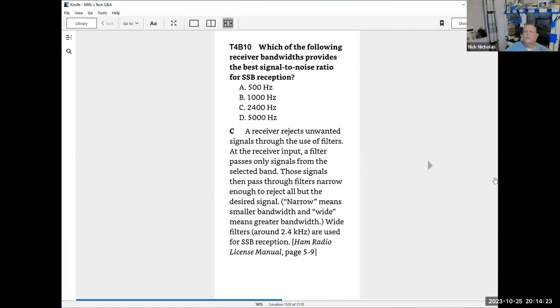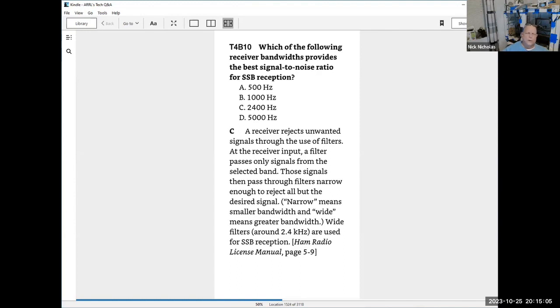Which of the following transceiver bandwidths provides the best signal to noise ratio for single sideband reception? What they're referring to is if we narrow the bandwidth that we're receiving, you know that a single sideband signal is roughly 3 kilohertz wide, which is 3,000 hertz. And if you had a 2400 hertz filter, it would narrow it down, but you wouldn't lose a lot, okay?